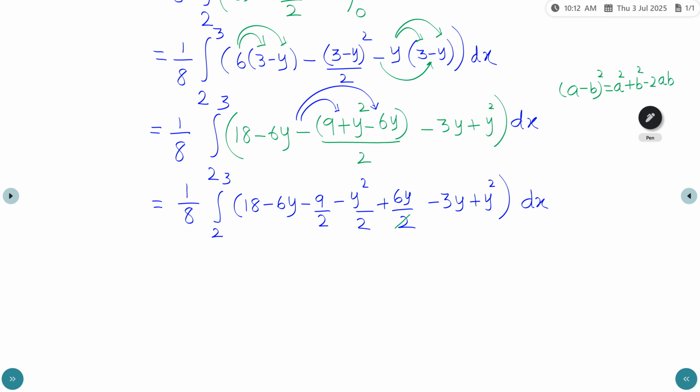So here 1 2s are 2, 2 2s are 3. So this value will be 3y plus 3y, this is minus 3y, so we can cancel these two.